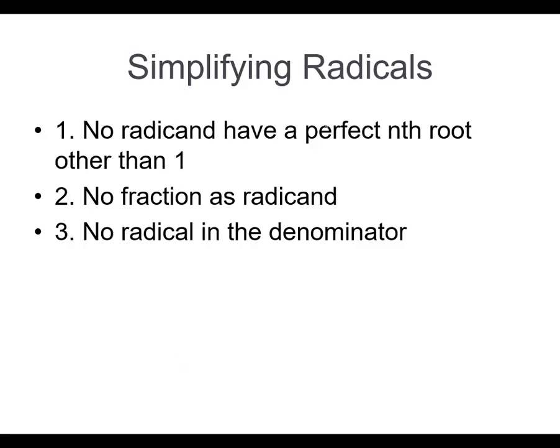So kapag tayo ay nagsisimplify ng radicals, meron lang tayong tatlong condition. So una, no radicand a perfect nth root other than 1. That means kung meron tayong sisimplify na radical, let's say square root of 12, papain natin yung factor ng 12 na merong perfect nth root.